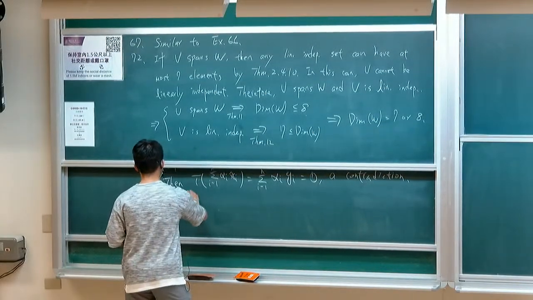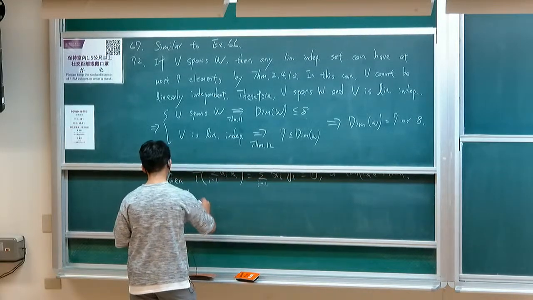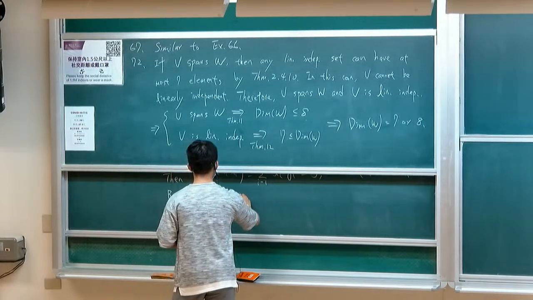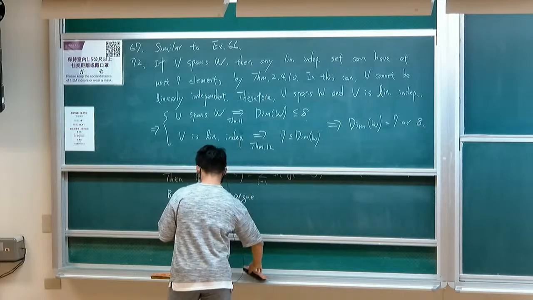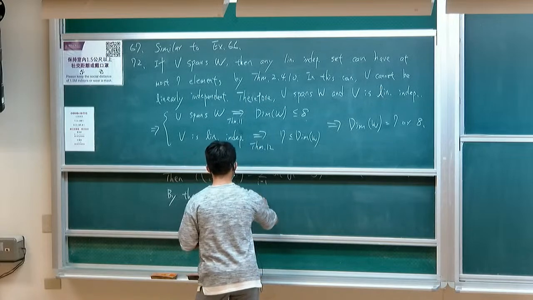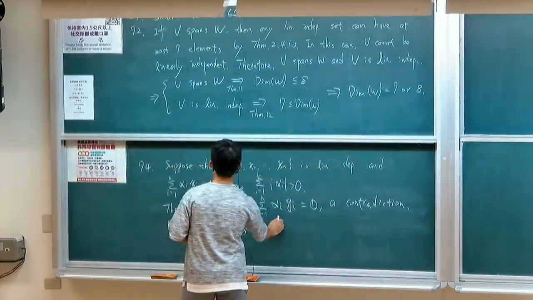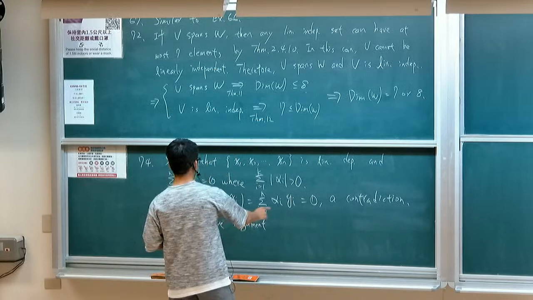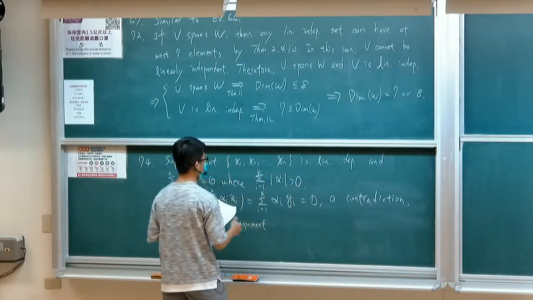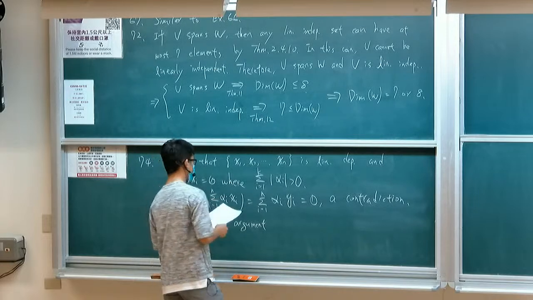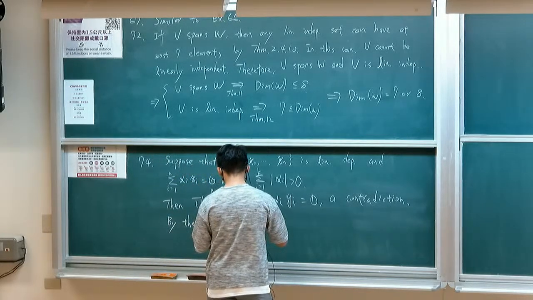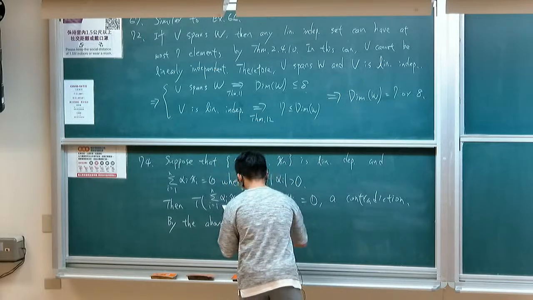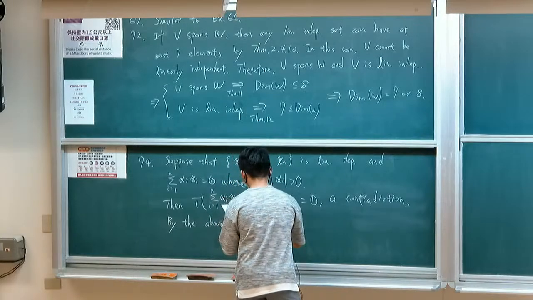By the above argument, if we want x1 to xn to be a linearly independent set, y1 to yn does not necessarily need to be a basis. x1 to xn is linearly independent as long as y1 to yn is linearly independent.